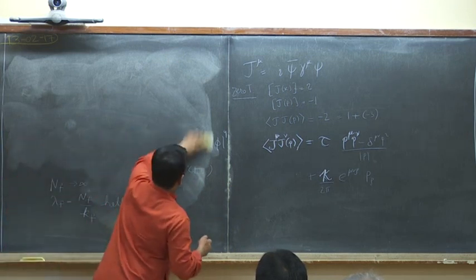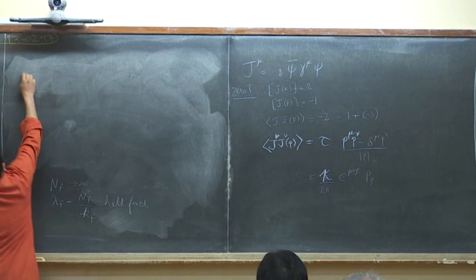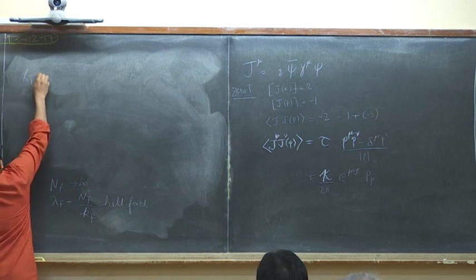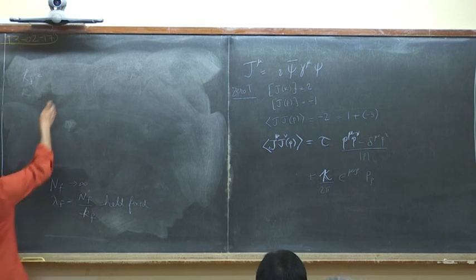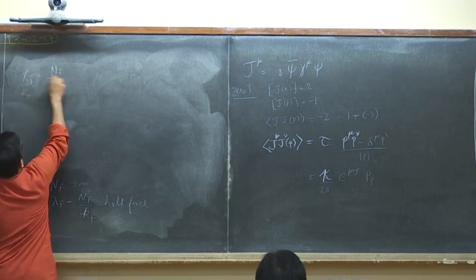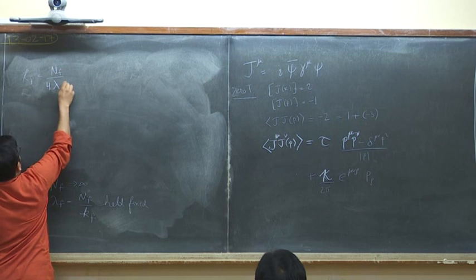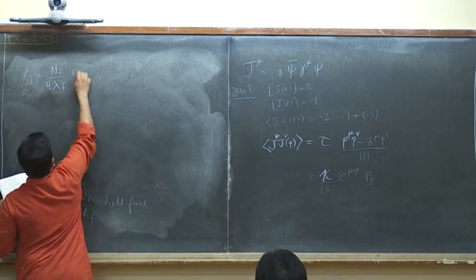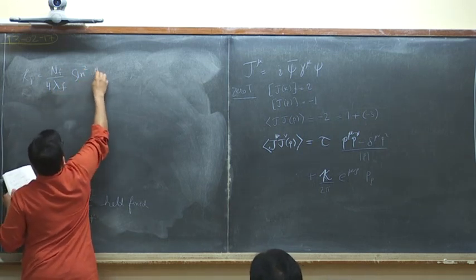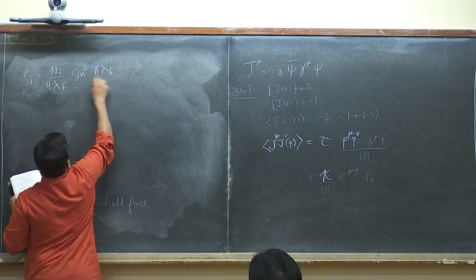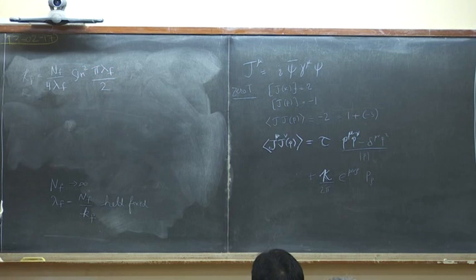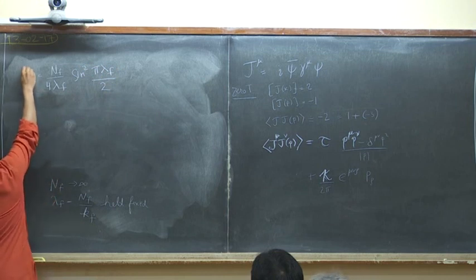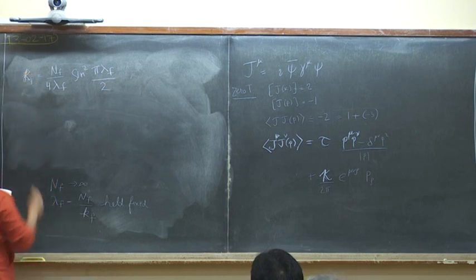But for example, the kappa for the fermion theory was written down as N_F over 4 lambda_F times sine squared, with some choice of normalization.